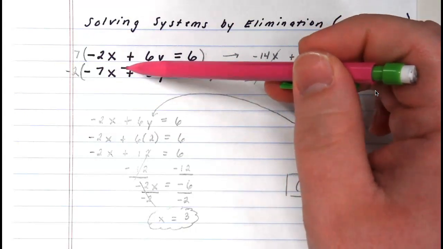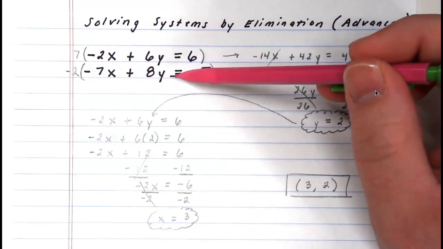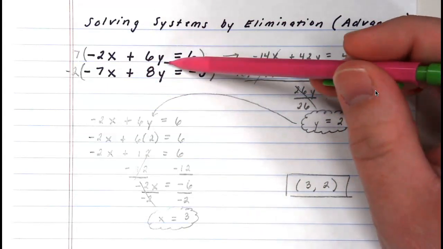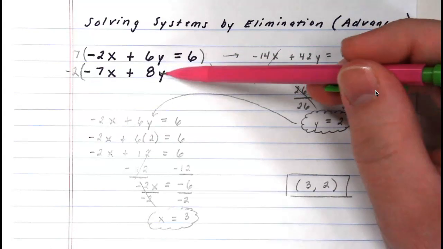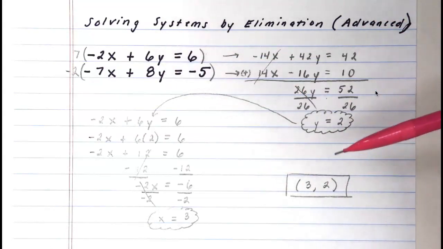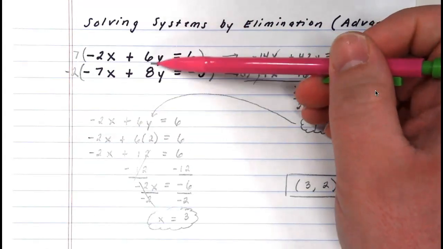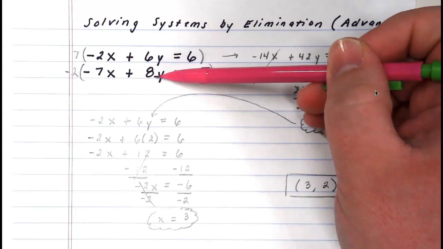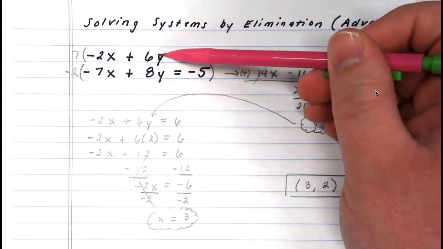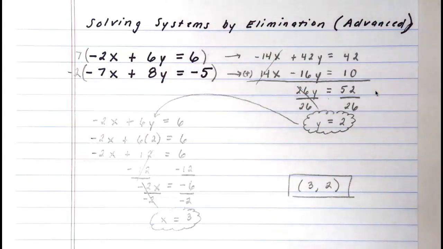Although if we wanted to, we could have looked at the y's. Because 6 and 8, both of those numbers go into 24. So if I multiplied 6 by 4, and 8 by negative 3, then we would add 24y and negative 24y, which would have canceled. So we could have done it that way as well.